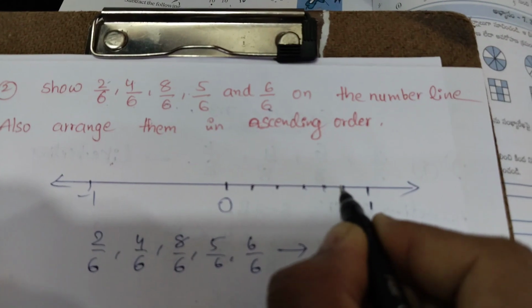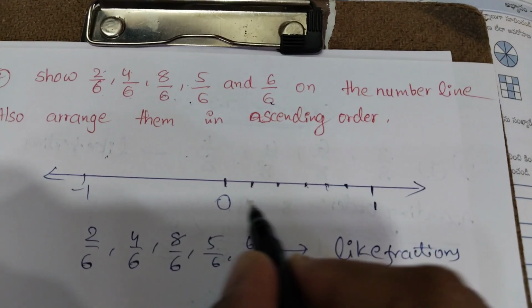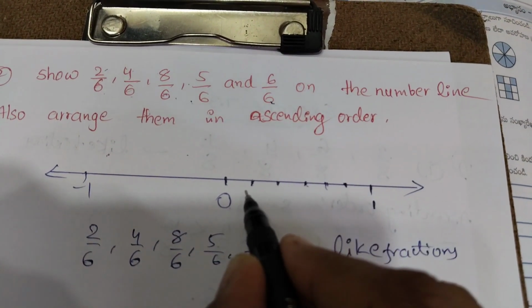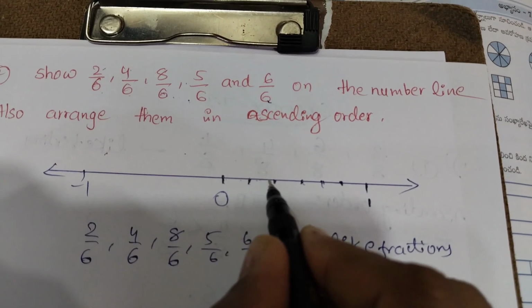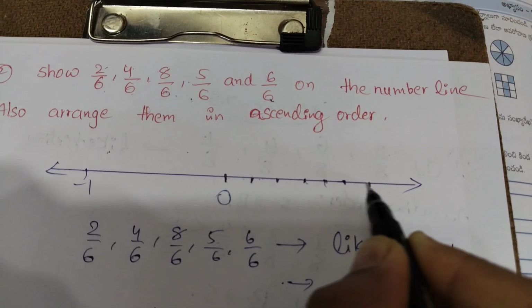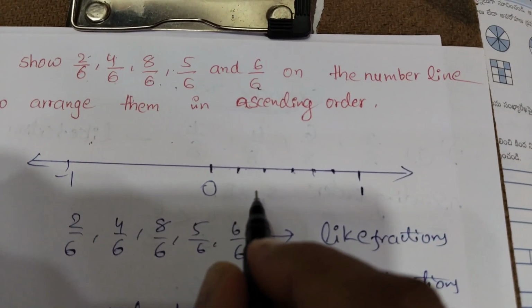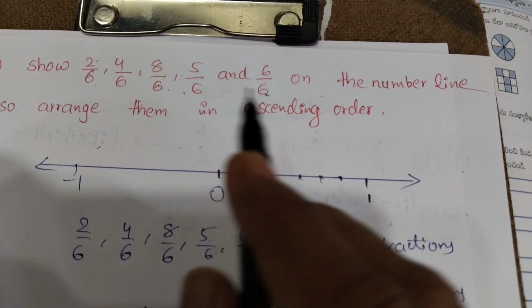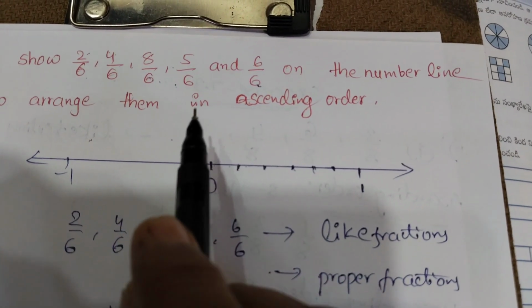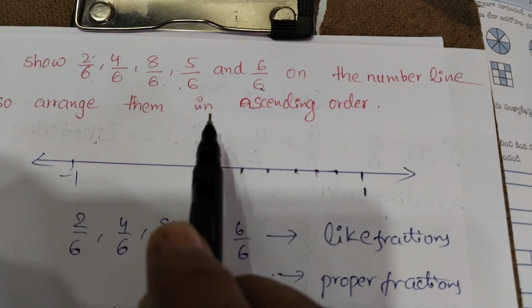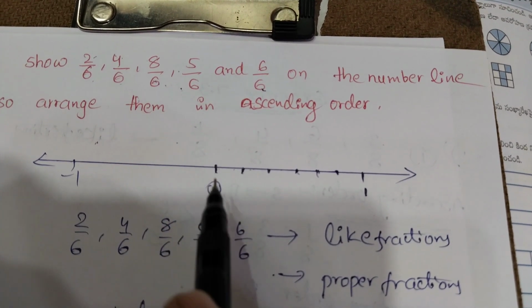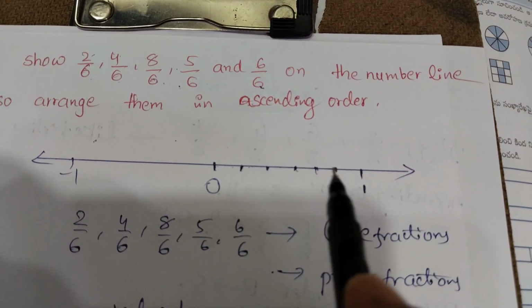If we draw 5 lines, the place between 0 to 1 is divided into 6 equal parts: 1, 2, 3, 4, 5, 6. First of all, these all are like fractions and also proper fractions. The value of proper fractions lies in between 0 to 1.